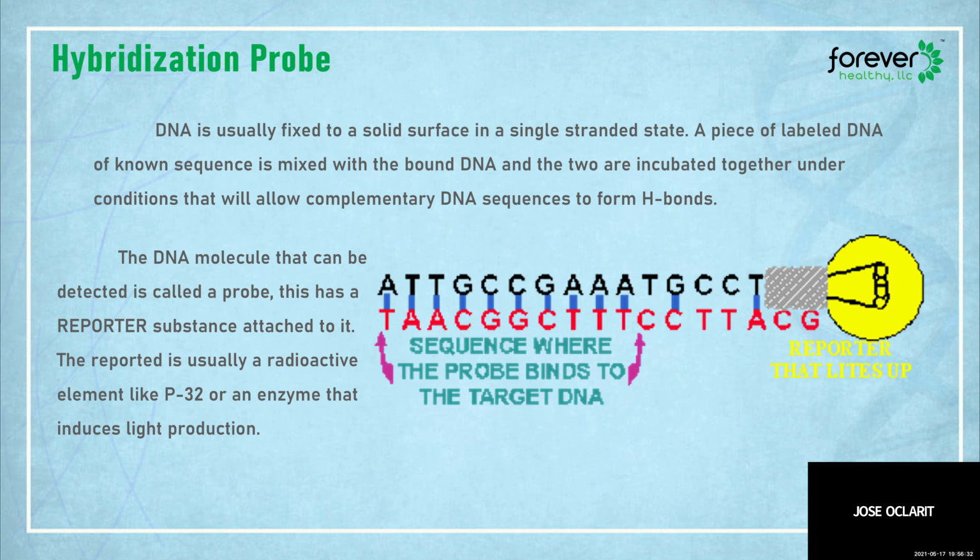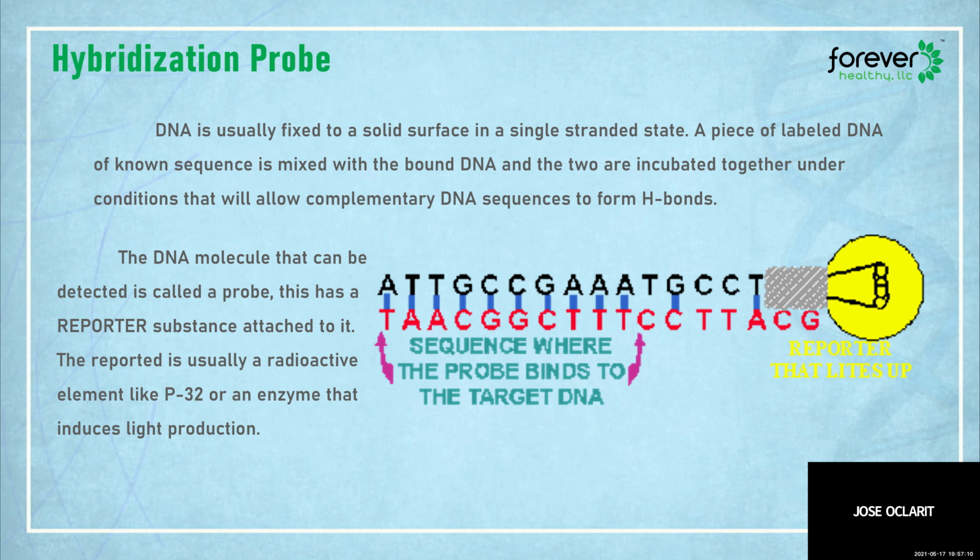So, the hybridization probe. The purpose of the probe is for you to identify whether the fragment of interest is present or not. So you cut the DNA, and then you separate the DNA, and you insert the probe. For example, if you have a particular tubercle bacilli in your saliva, you obtain the DNA from your saliva, and then you cut the DNA and fragmentize it, and then you make a probe, and the probe is actually isotope identified.